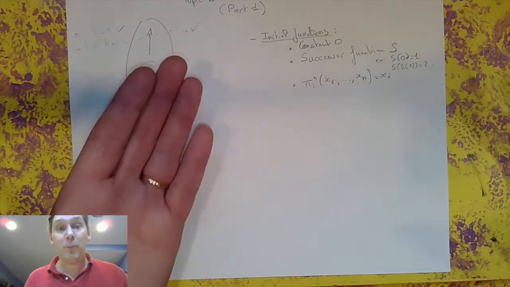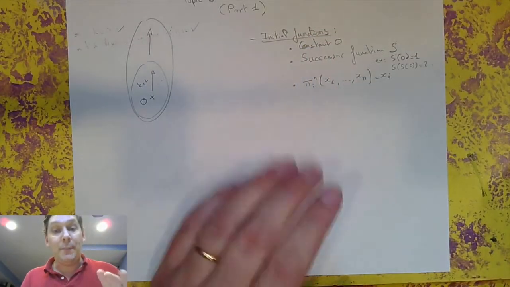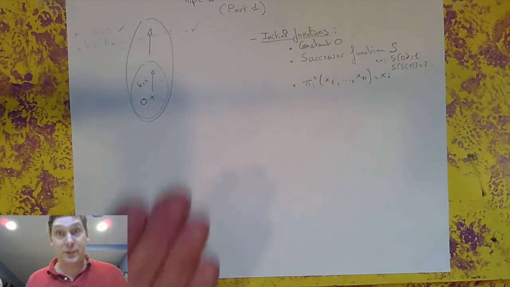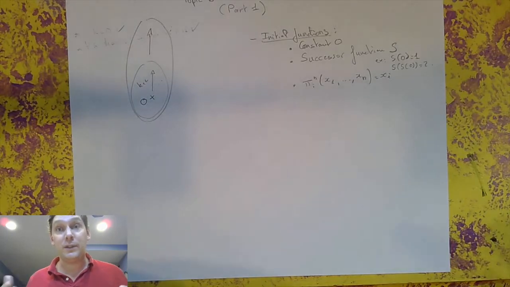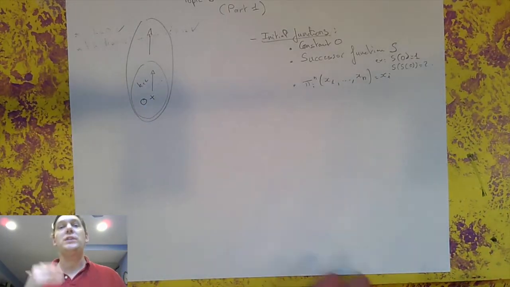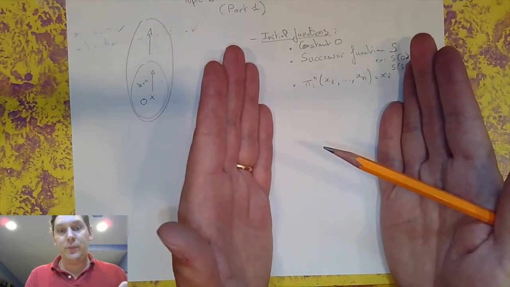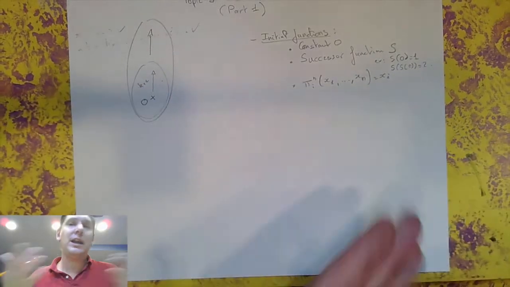They are a starting point for recursive functions. These initial functions are recursive functions, okay? They are special recursive functions that we're going to use to do this building up. We can use any of these initial recursive functions, so they are like axioms.